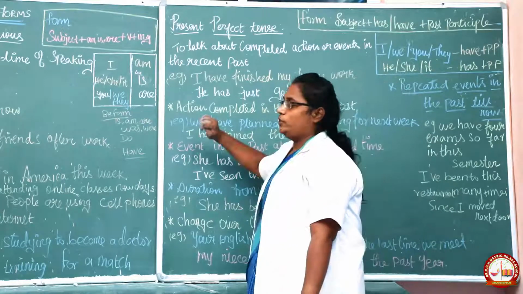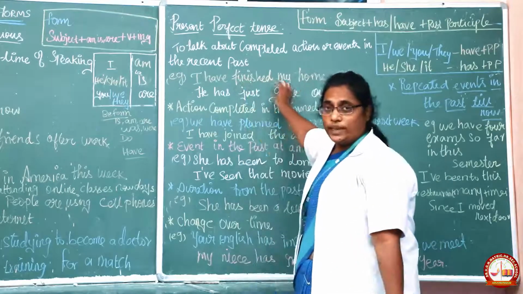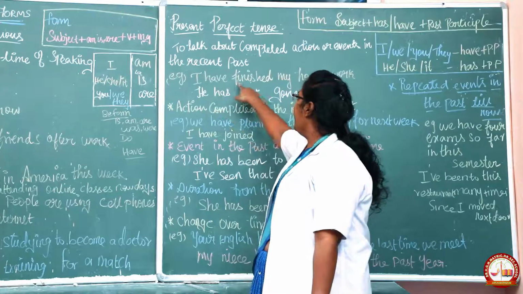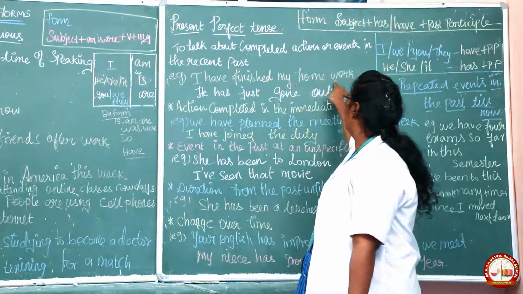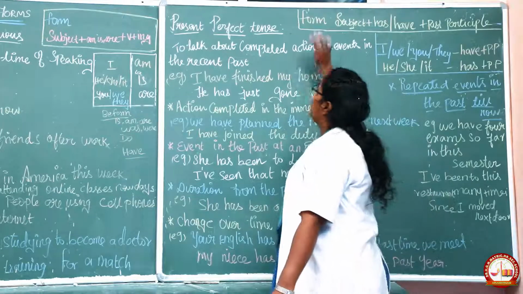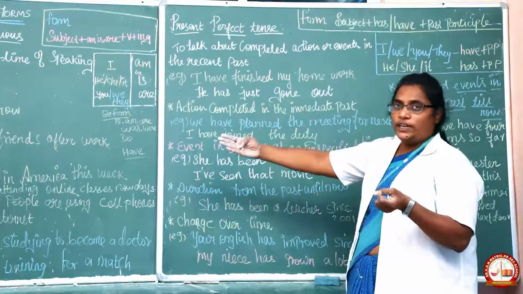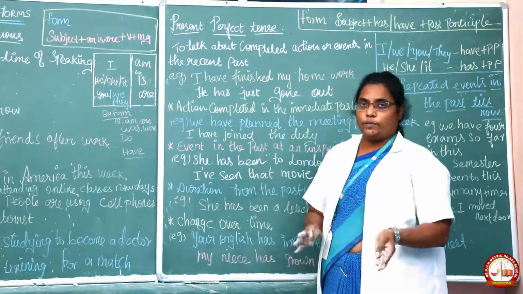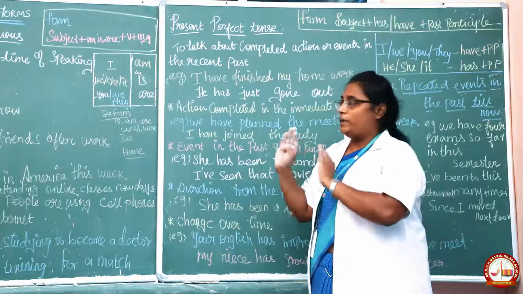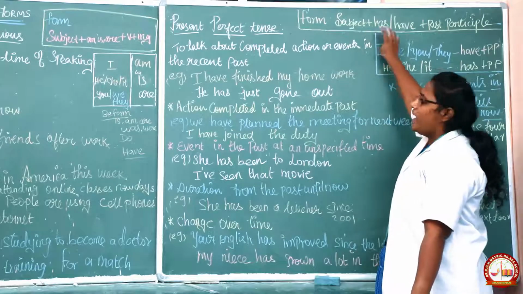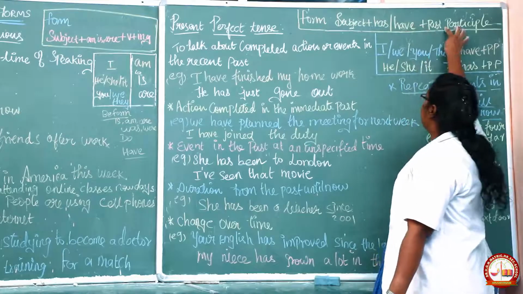So when we have to use this, I have given two examples. For the present perfect tense: I have finished my homework. Before this, I told you the form in present continuous: subject, be form verb, then verb plus ing. In present perfect, subject, has or have plus past participle.